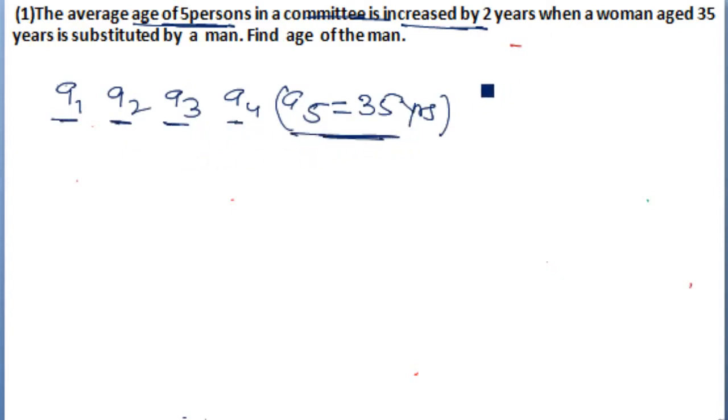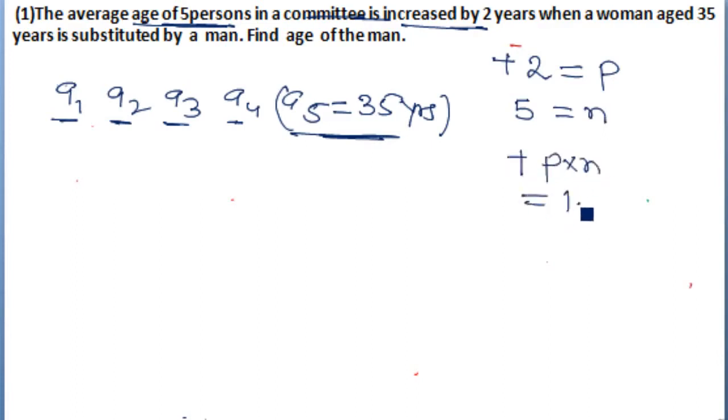Here we are to increase the average by 2, so P becomes 2, and a total of 5 terms are there, so N becomes 5. So we need to add P into N, that is 10, into the group.